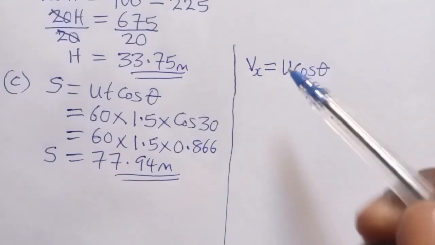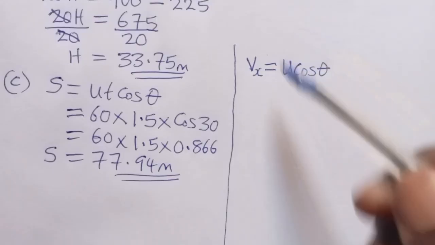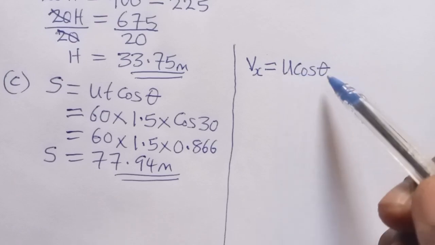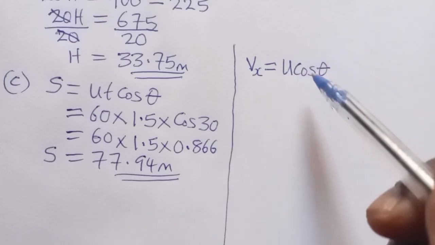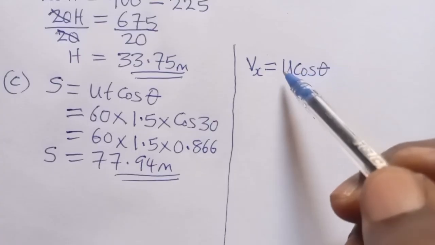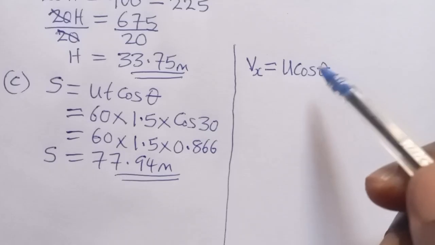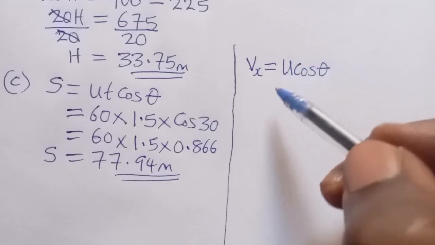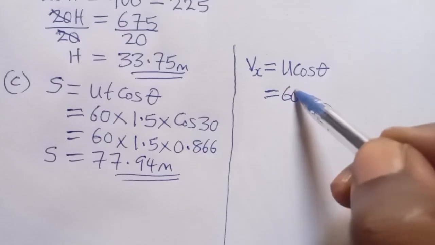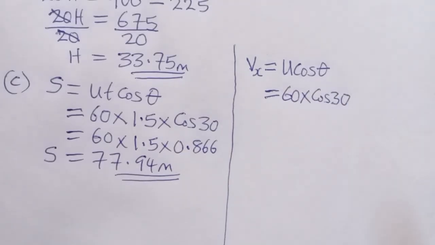Now don't forget that this horizontal velocity is constant throughout the motion. It is not affected by acceleration due to gravity. So it is a constant value throughout the motion. At any point in the motion, this is always the horizontal velocity, a constant value. You don't use time or you don't use g to calculate this. Take note of that. So u is 60 and then multiply by cos 30.